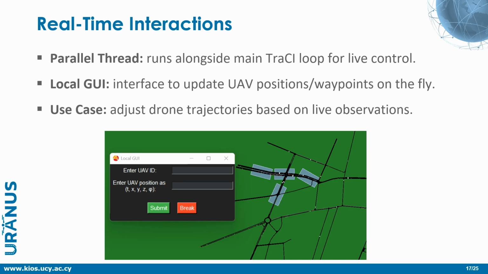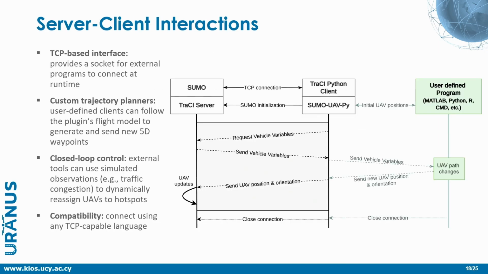And inspired by the interactions, we do provide a server-client interaction as well, where we have the main communication loop with TraCI and SUMO, and then we have an additional component where we basically open a server socket, which the user can use with MATLAB, Python, or any other TCP compatible program to give and update the UAV positions on the fly.